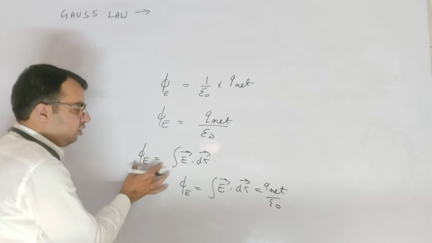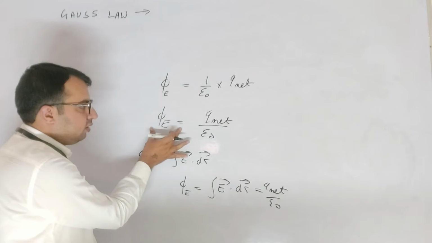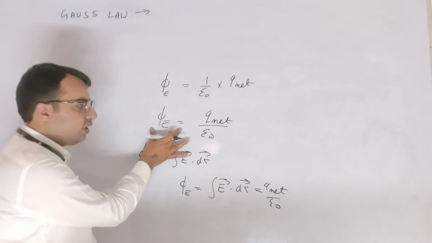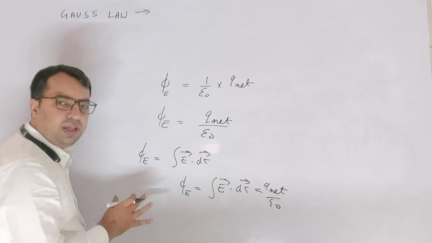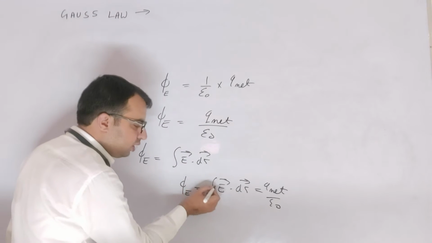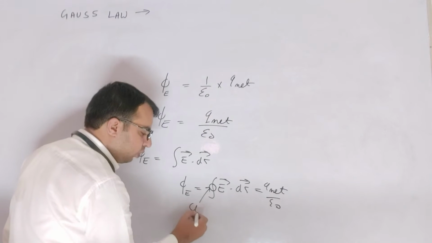I have just put the value of phi e, that is the flux, in the basic equation associated with the Gauss law. Now, as the Gauss law is applicable to the closed surface, I put a round circle on the integral. This circle represents that the surface is closed.